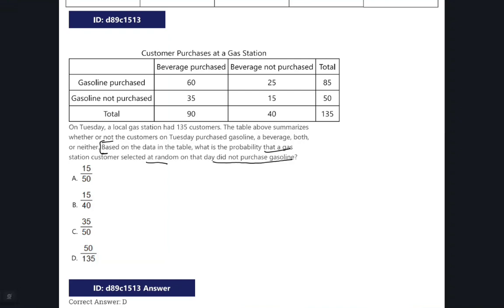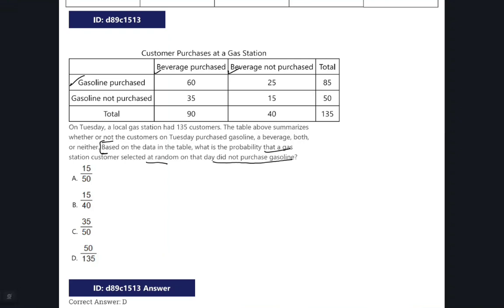So we have a total number of customers, with gasoline purchased, beverage purchased, and beverage not purchased.